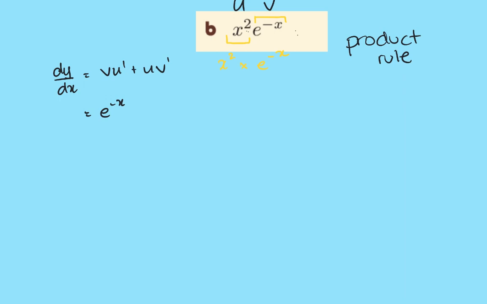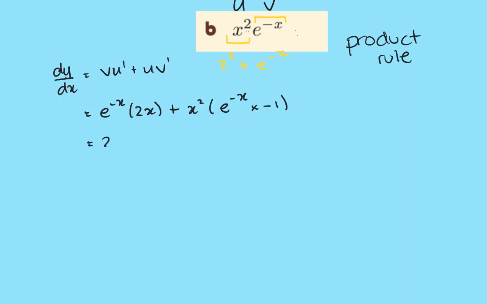So e to the minus x, brackets, derivative of x squared is 2x, plus u, x squared, times v dash. So e to the minus x, keep the whole function, multiply by the derivative of that negative x, which is negative 1. Beautiful.